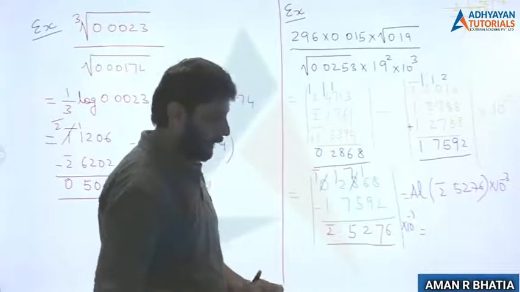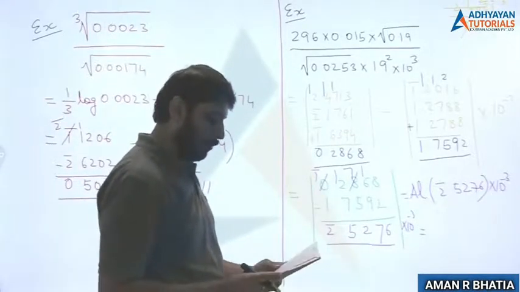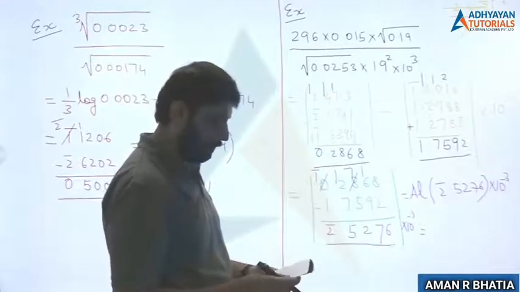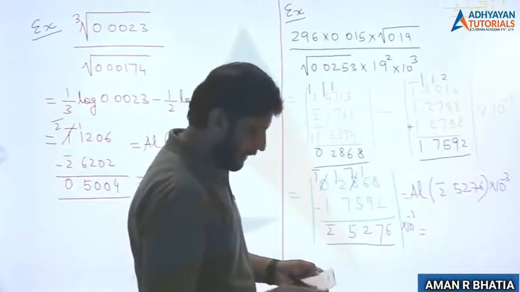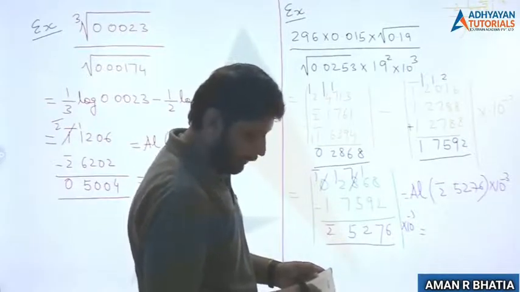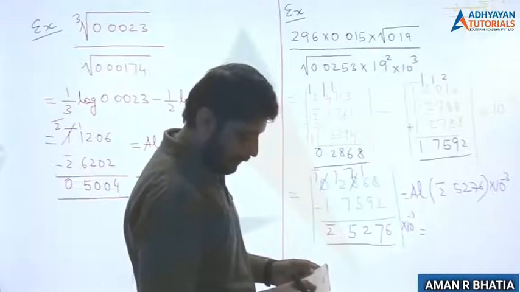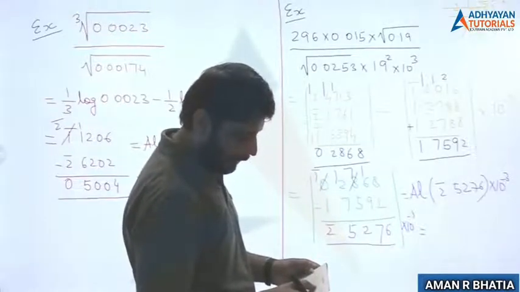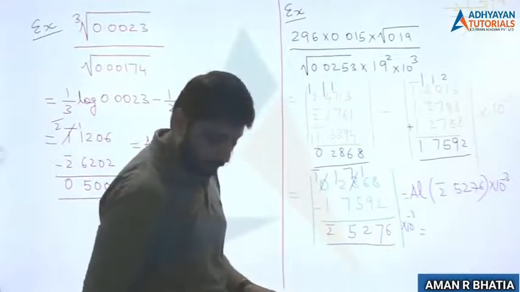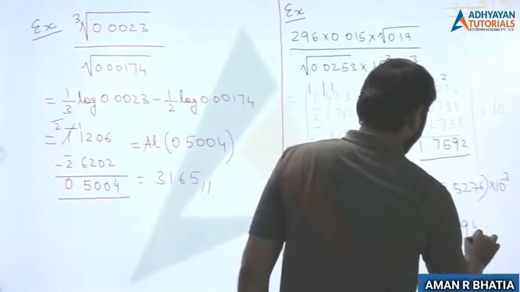I'll go to the anti-log table, 0.52, and I go to 0.5276. At the point of 7, 3289, and 6 is the value, and the mean difference is 5. 3289 plus 5 means 3294. So 3294 decimal.